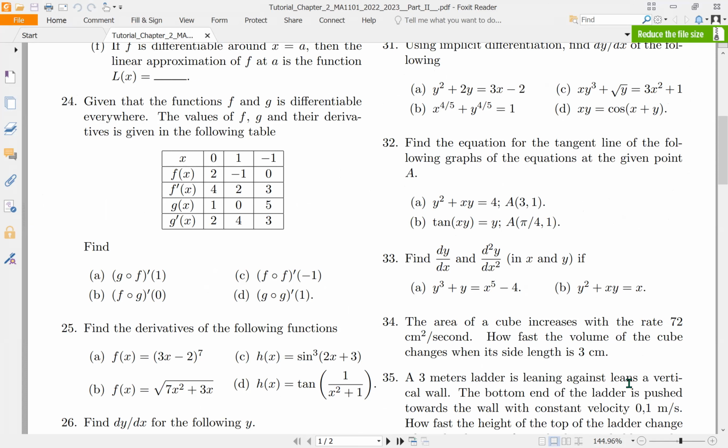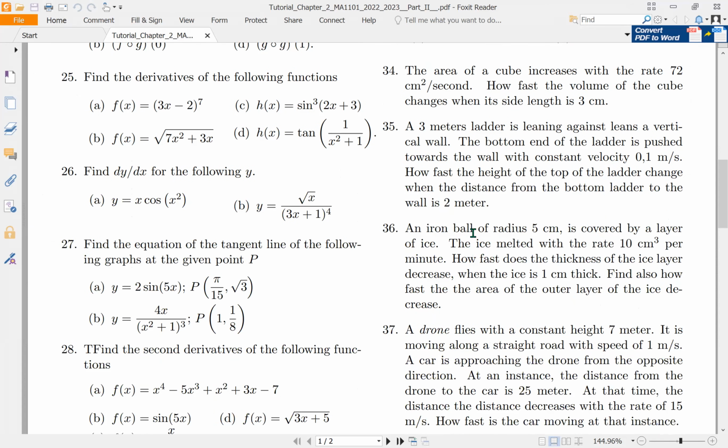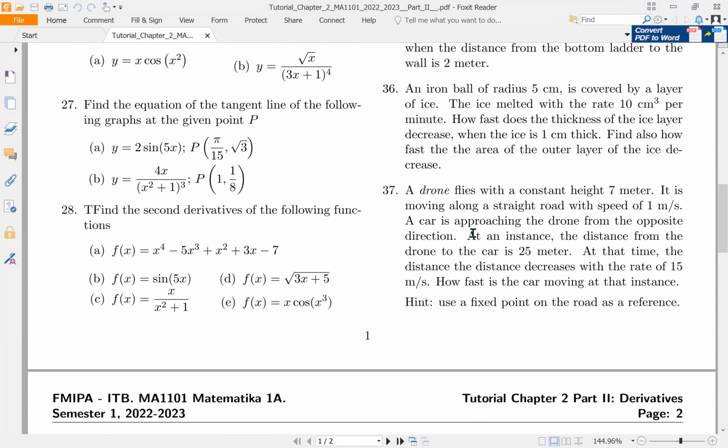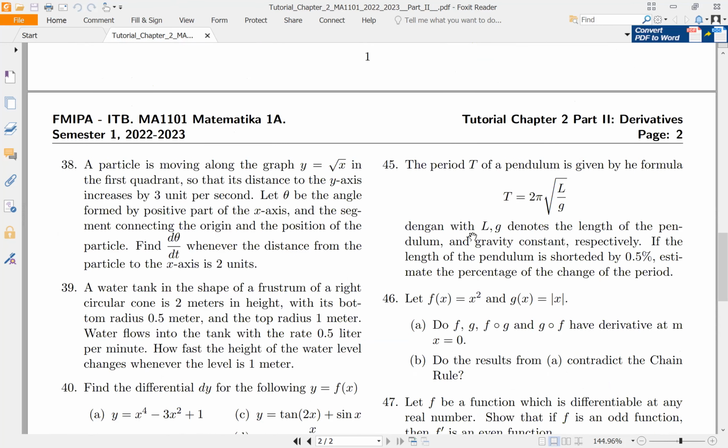Actually it's similar to 32a in terms of the first derivative. So let us skip it, and then we will resume with the case of related rates here.